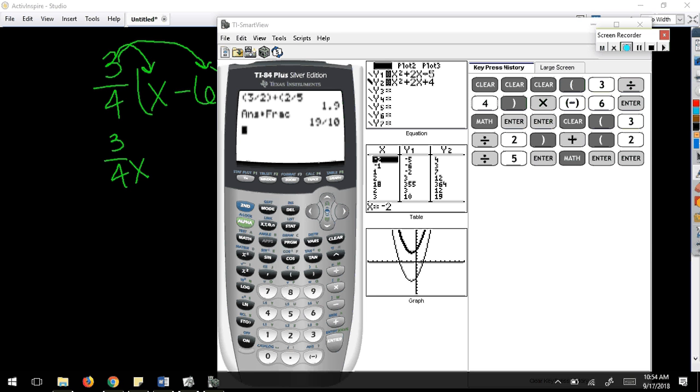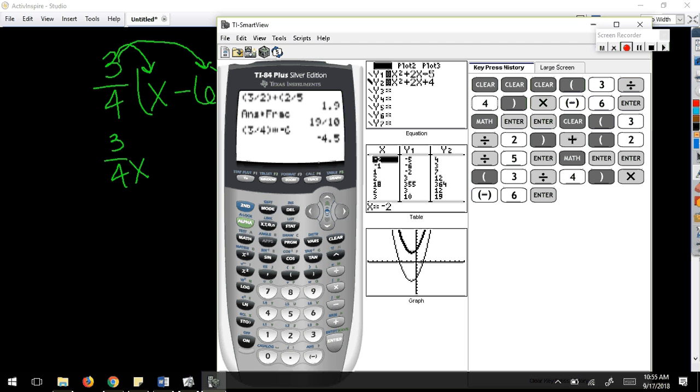All right, so let's go back to the problem that we were working on, the problem in green up here. We did 3 over 4 times negative 6. That's negative 4.5, but I definitely want a fraction, so I hit math, enter, enter, and I get negative 9 over 2.